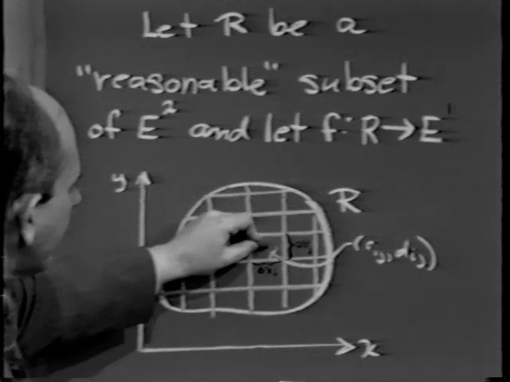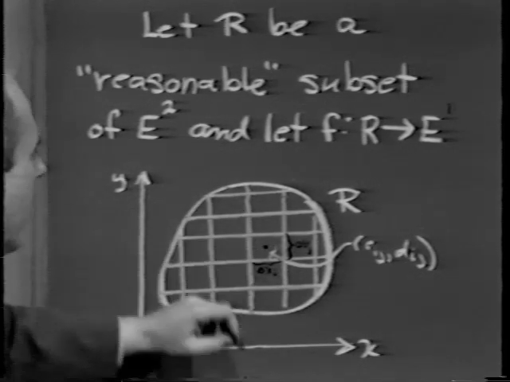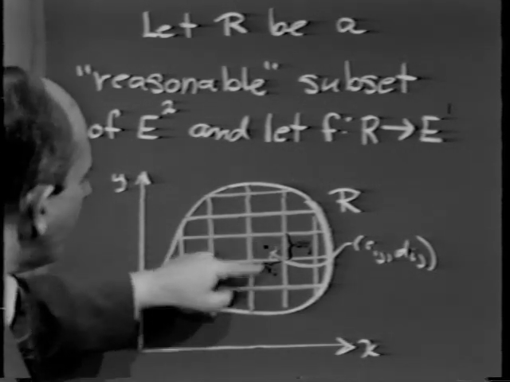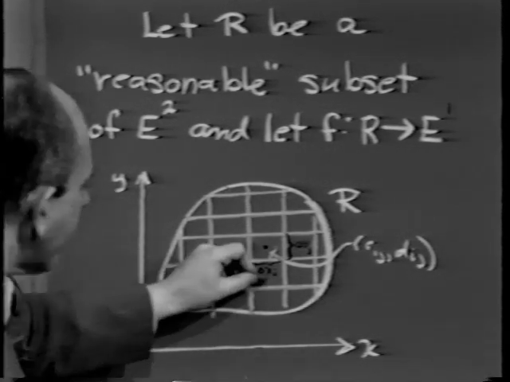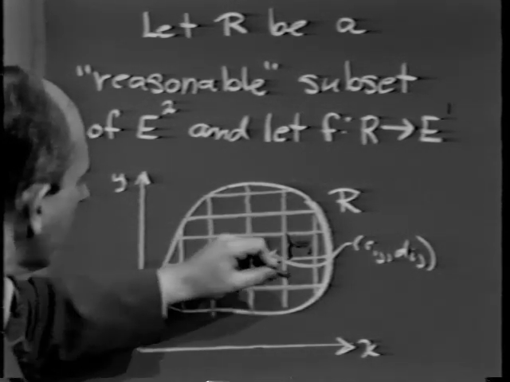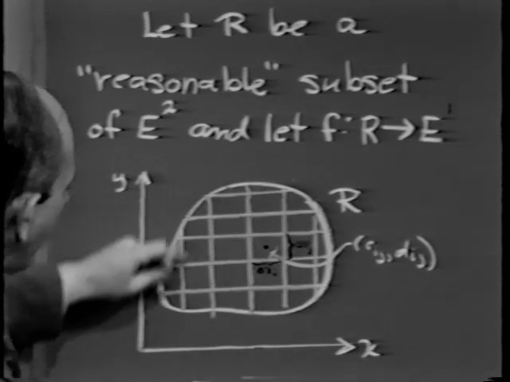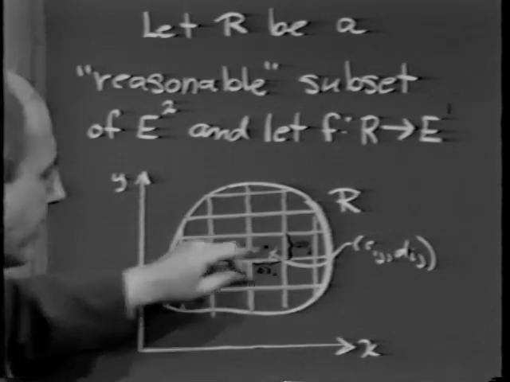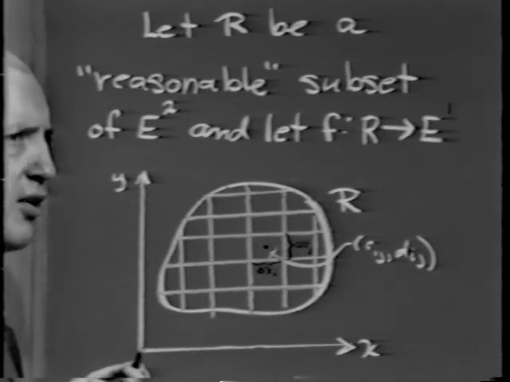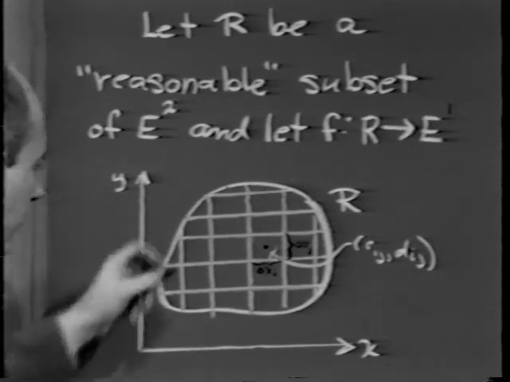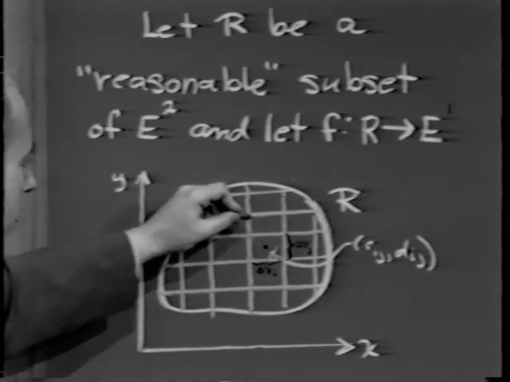Let's compute F at that point. Then we'll compute F times this area, and we'll sum this up as i goes from 1 to m and j goes from 1 to n, and we're going to take a limit as this partition gets as fine as we wish, meaning the size of the pieces get arbitrarily close to 0 in area, both in the x and in the y direction.